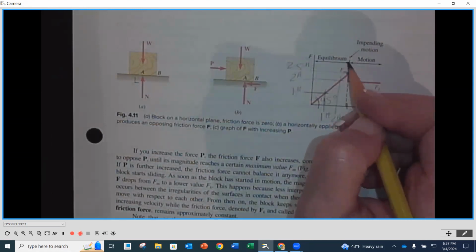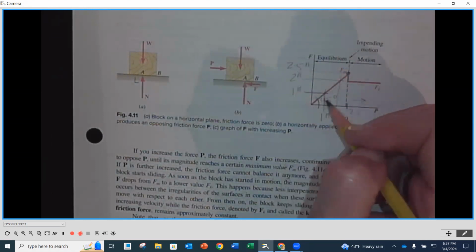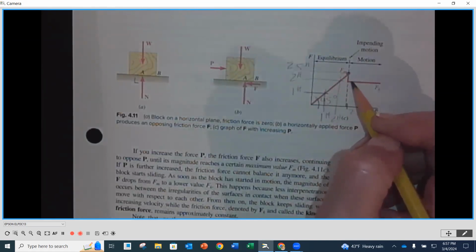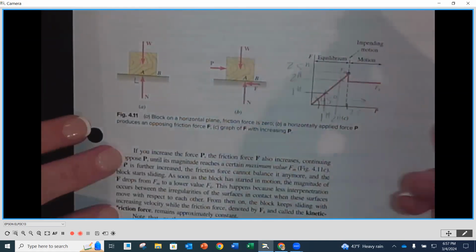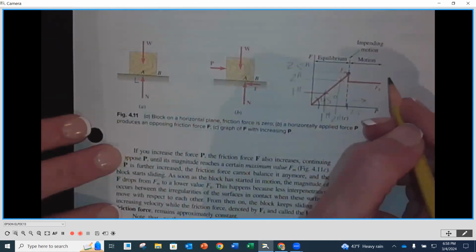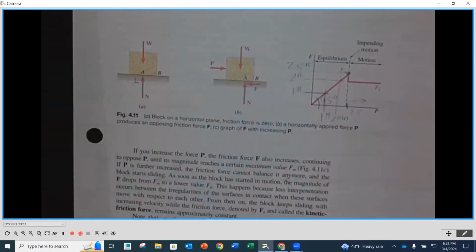And then any of these values down here, if we need to know what friction forces we're using, anything on the left-hand side here, we're using the static coefficient. If we are moving, you're going to notice that we're going to drop down a little bit, and all of a sudden, our kinetic friction force is going to remain the same, meaning I can continue to push on this, and those surfaces can only push back with so much.